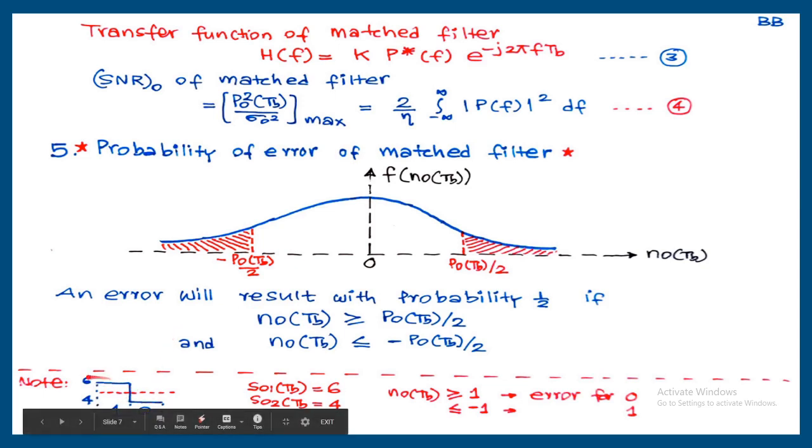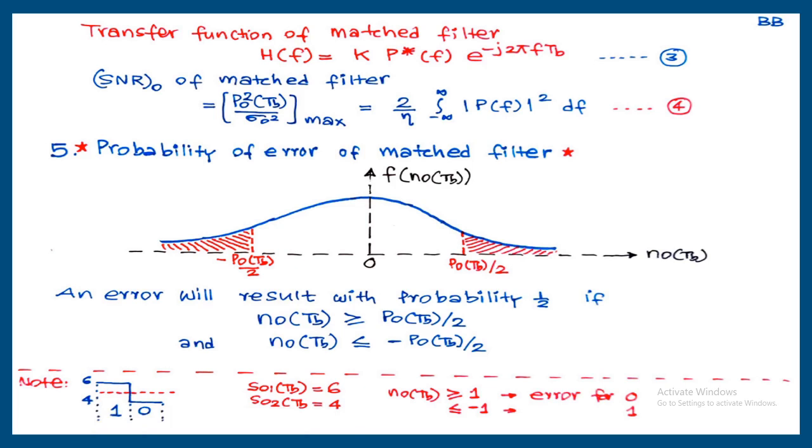In this case there is no error: 6 plus 1 is 7 or 8 or 9, there is no error. Error will occur only for logic 0, because that 4 will become 5 or more than 5. Once it is more than 5, that 0 is going to be received as 1. And with the addition of this noise voltage to 6, there is no error.